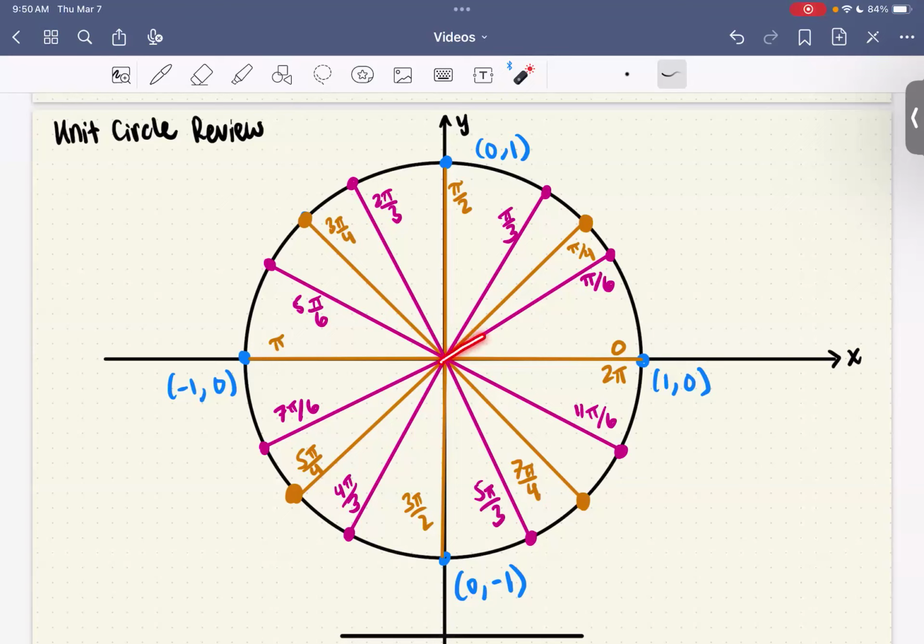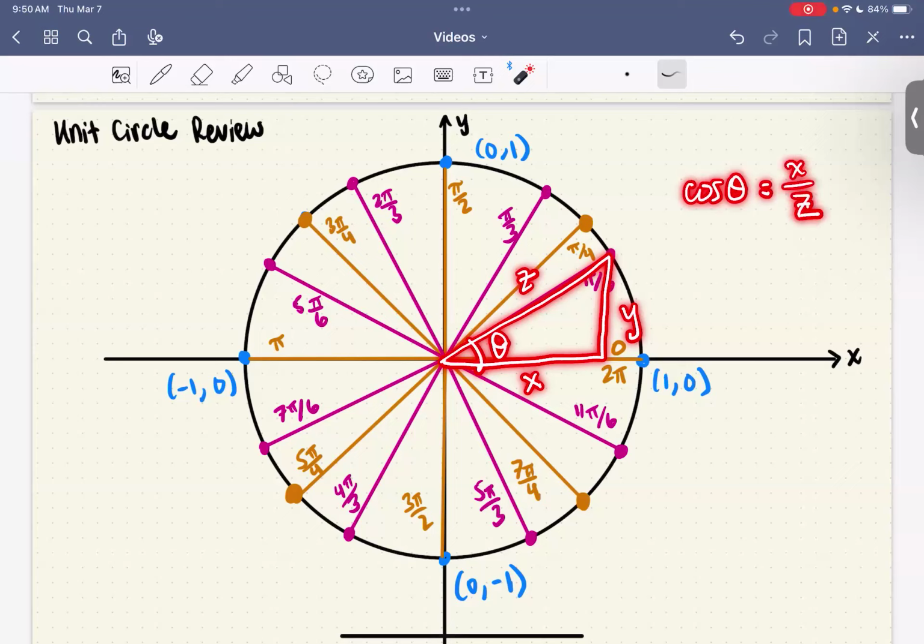We often had triangles where we would have some angle, and then we would say, if my sides were x, y, z, I would say cosine is adjacent over hypotenuse, and sine is opposite over hypotenuse. Hopefully that's kind of what you have in mind.